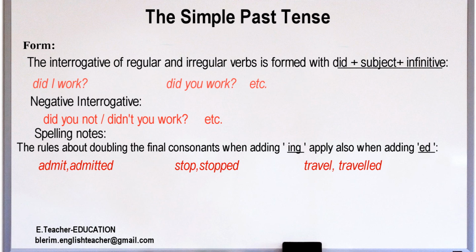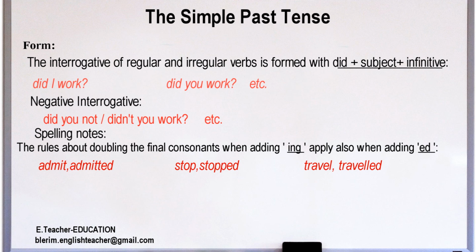Okay, my dear viewers, pay attention to the last rule here. Now it's talking about the final consonants when adding ing. I mean, it's talking about the base form of the verb, and we also add ed in the past simple.